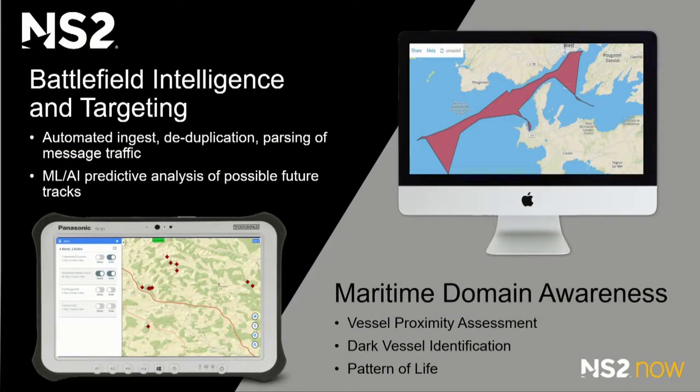The second mission application for data fabric strategy is one you can see out in our kiosk. It's called Maritime Domain Awareness. This data fabric connects to streaming data sources from radar into historical databases, both. So it does three things. Vessel proximity assessment. Are two vessels rendezvousing, perhaps to pass illicit cargo between them? Or is an aircraft rendezvousing with a surface-going vessel?